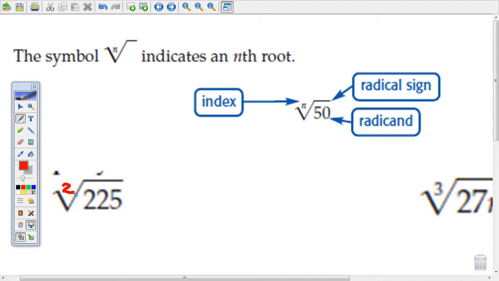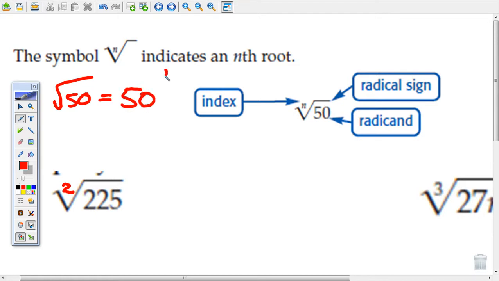Now what you're going to find out in this chapter is that these little radical signs are actually really annoying. In fact, if I invented the world, which I didn't, especially if I invented math, we wouldn't have radical signs at all. Because when you take something like the square root of 50, it's much easier to write that with exponents.